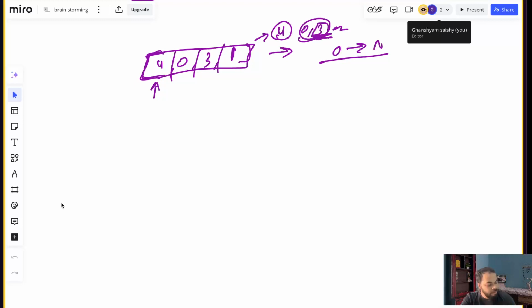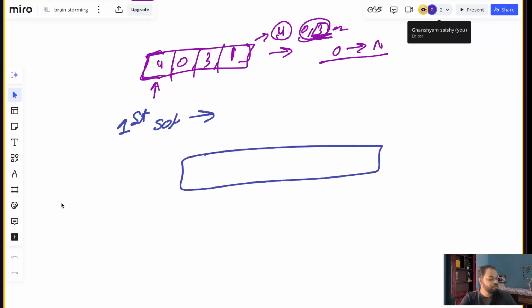So here we know there are two ways. Let's go with the first way of doing it, the first solution. The solution says we will create a new array which has n plus 1 length. So 0, 1, 2, 3, 4. And I'll put them at these indexes.